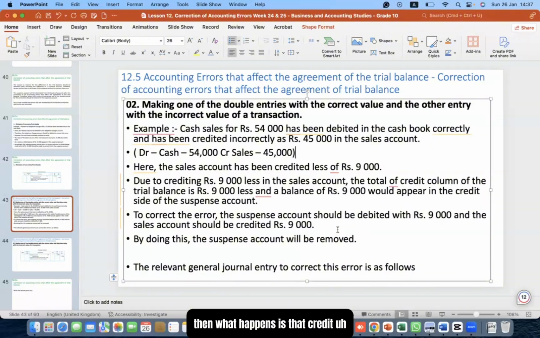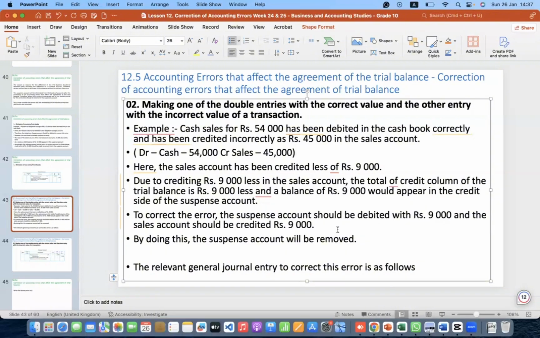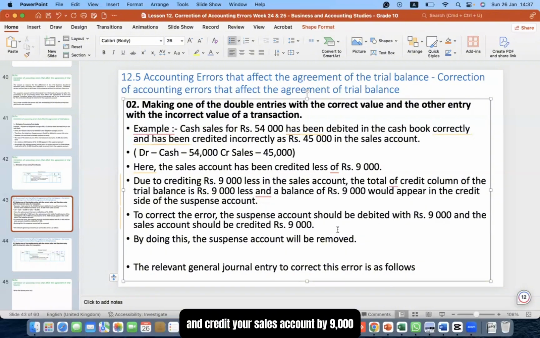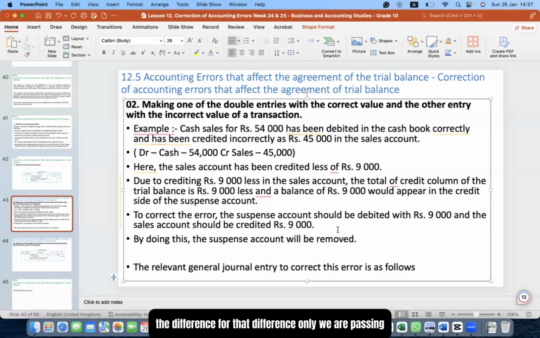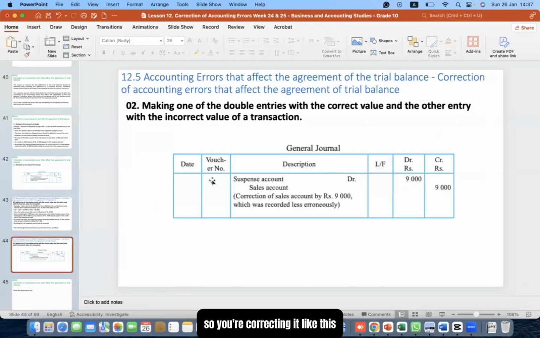Then the 9,000 credited earlier in your suspense account will be nullified. So the correcting entry is to debit your suspense account by 9,000 and credit your sales account by 9,000. The entry that we are passing in this particular example is for the difference only. So you are correcting it like this: suspense account debited by 9,000, sales account credited by 9,000.